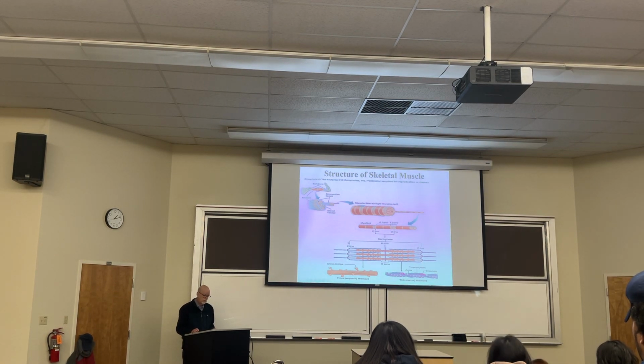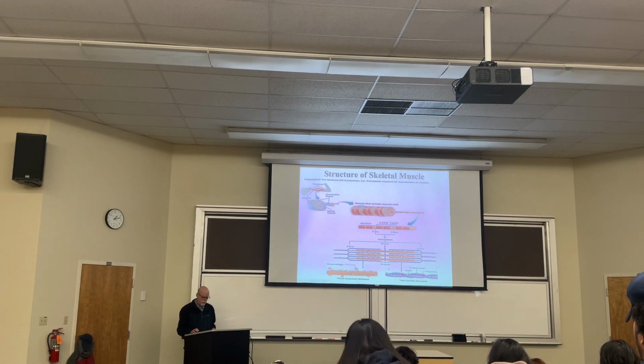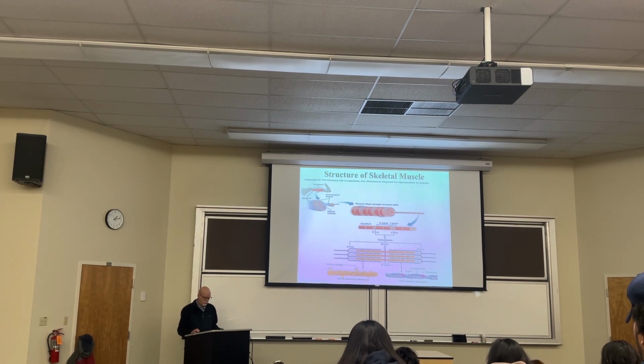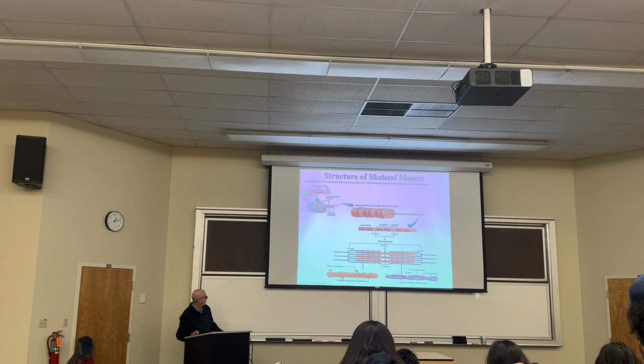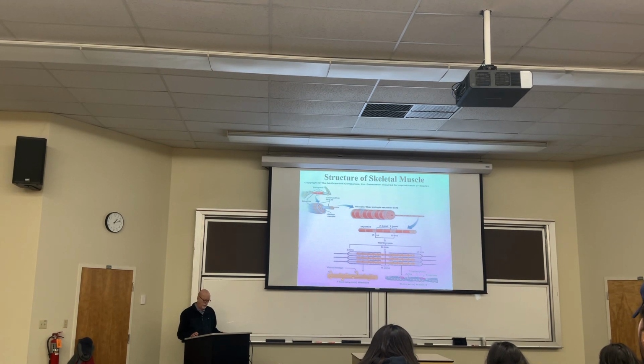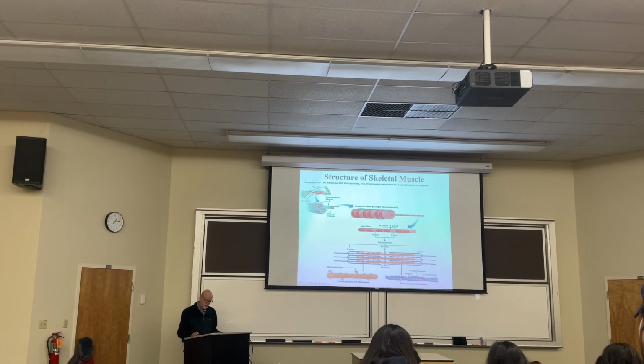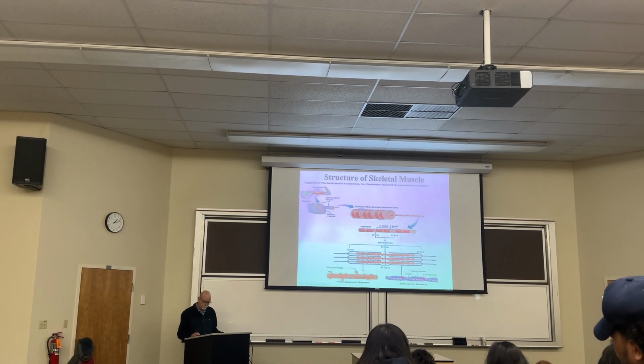This is our sarcomere. Here's our muscle fiber in the cell, and we have these actin and myosin running the length, and they're in a pattern that we call the sarcomere. The sarcomere goes from one Z line to another, and this structure in brown on our diagram represents myosin, the larger diameter protein, and this thinner in purple represents actin.